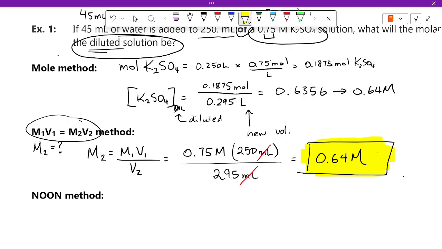Noon method. I say, I would like to find my new concentration of K2SO4. I am starting with 0.75 molar K2SO4. So this is my old concentration.